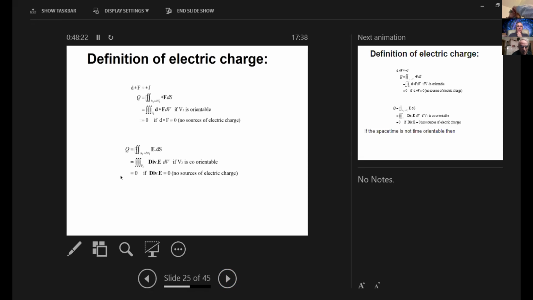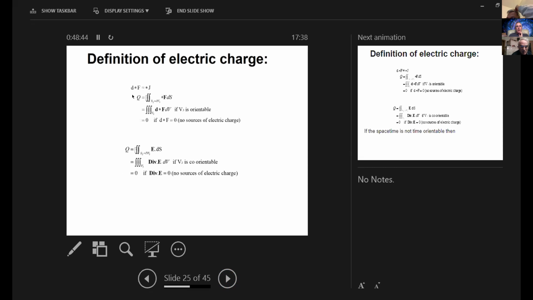Okay, so you say Q is 0. If you have the source-free equations, so d star F equals 0, then this proves that the charge in a region is 0.